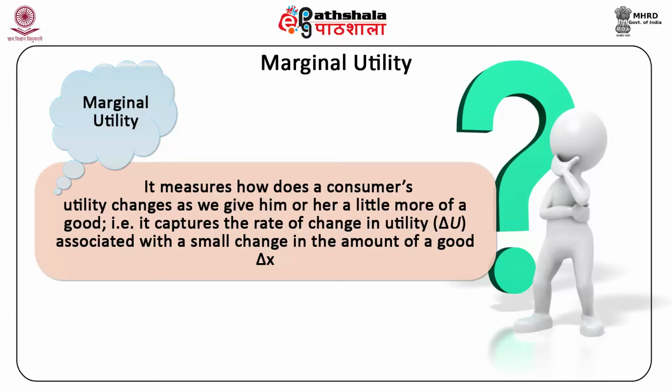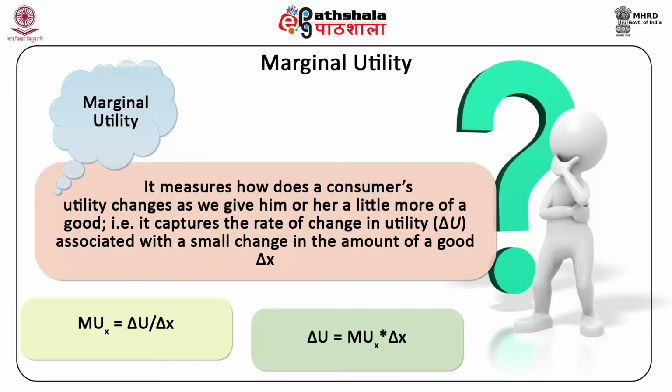That is, it captures the rate of change in utility, denoted as delta U, associated with a small change in the amount of good, denoted as delta X. Hence, marginal utility can also be written as the following ratio, which is MUx equals delta U upon delta X. It implies that to calculate the change in utility associated with a small change in consumption of good X, we can just multiply the change in consumption of X by the marginal utility of X, and get delta U equals MUx into delta X.